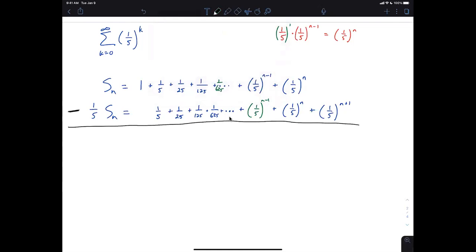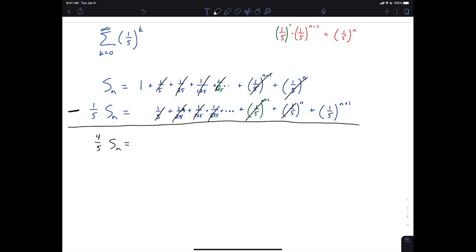So if I subtract these two equations, then a ton of stuff cancels. So if I subtract on the left, 1 Sn minus 1/5 Sn is 4/5 Sn. Does that make sense to everybody? Okay. Now if I subtract on the right, all of these terms I lined up cancel, except for these two.